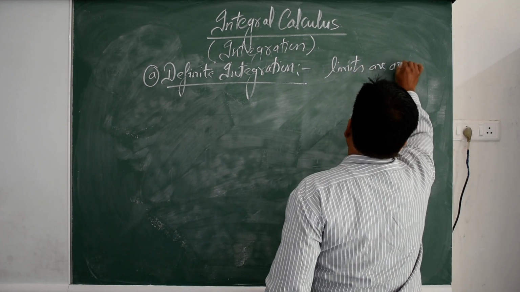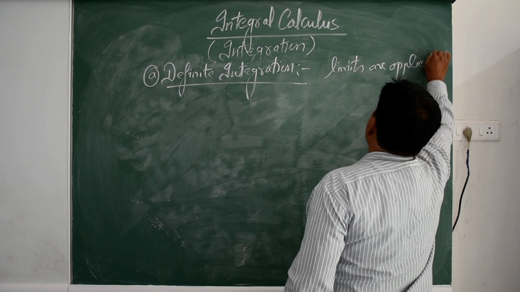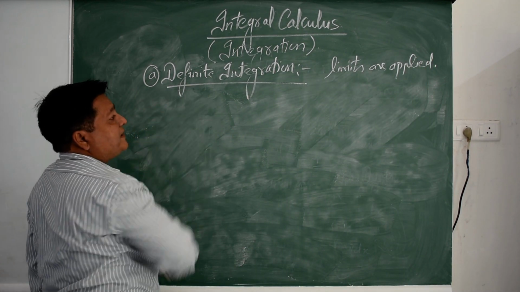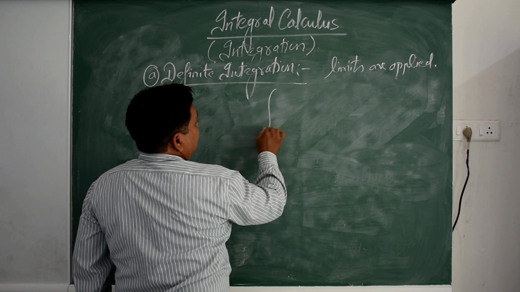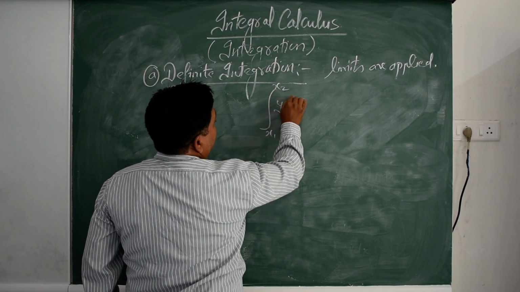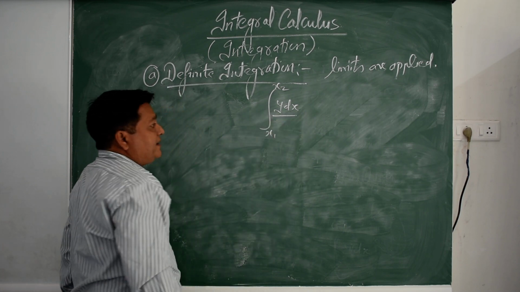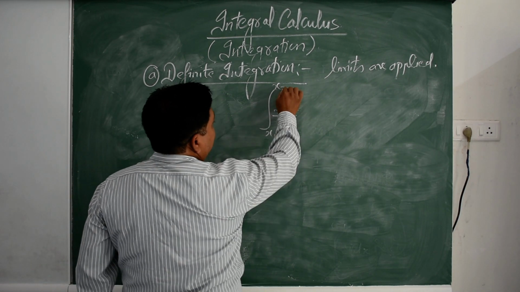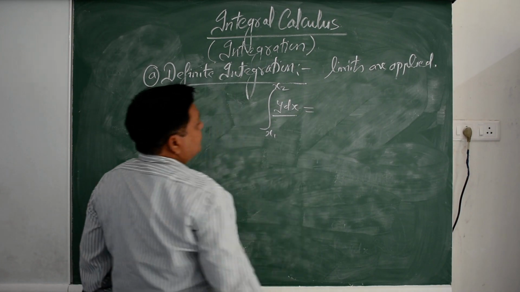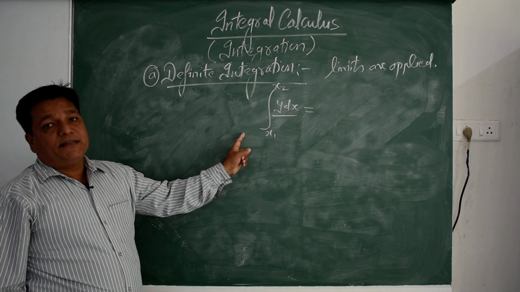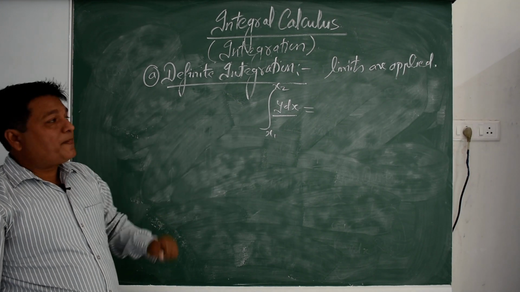Such types of integrations are said to be definite integration. Suppose x1 to x2 of y dx means integrating this term with respect to x. Limits are there, so whatever the result, we say this type of integration is definite integration.